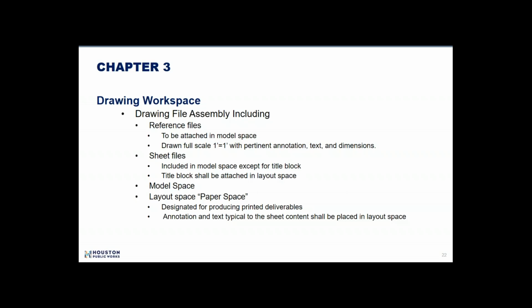So again, a lot of the things that you normally see in a CAD standard. We had a lot of conversations about how to create this workspace and preferences, and there may be some of you out there that, as we go through these, think, well, no, I prefer to do it this way, and I prefer to do it that way. We've had a lot of that, and this is the result of where the city feels we want to be and where we are comfortable as far as workspace and any other preferences you'll see.